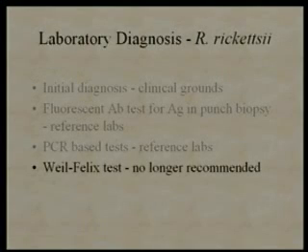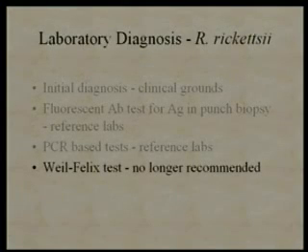This was a test that was done a long time ago. And basically it takes advantage of the fact that many patients that are infected with Rickettsia rickettsii develop antibodies, but these antibodies cross-react with various species of Proteus. And so the Weil-Felix test was a test where you took the patient's serum and determined whether or not it agglutinated Proteus.